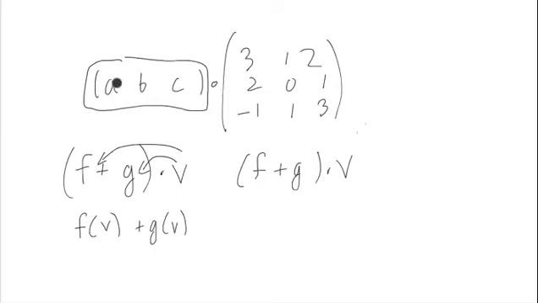And I can think in this way of E1 as being 1, 0, 0 as a row, E2 as being 0, 1, 0, and E3 as being 0, 0, 1. And this is a linear combination of these guys, and I could think of where these are being sent. And in terms of linear transformations, it works perfectly well.